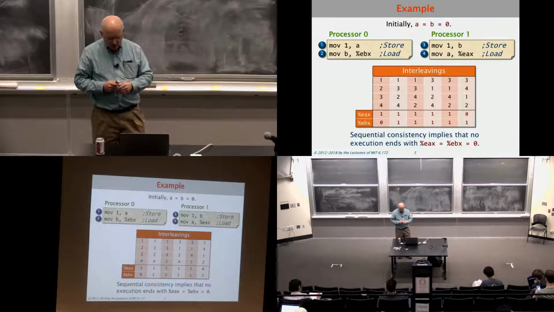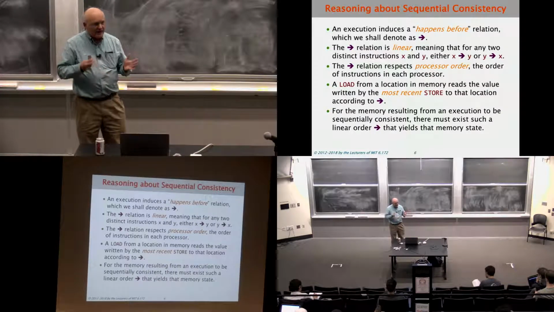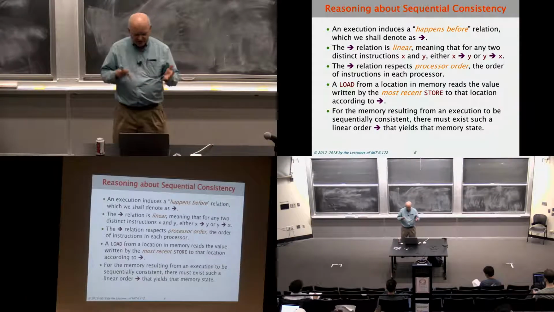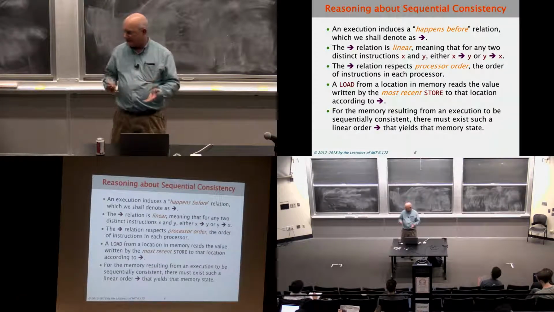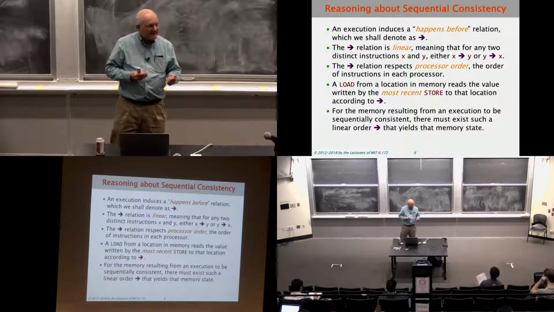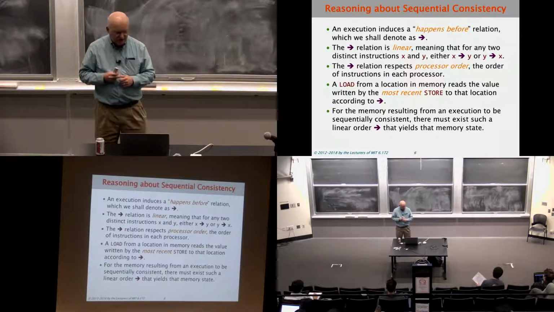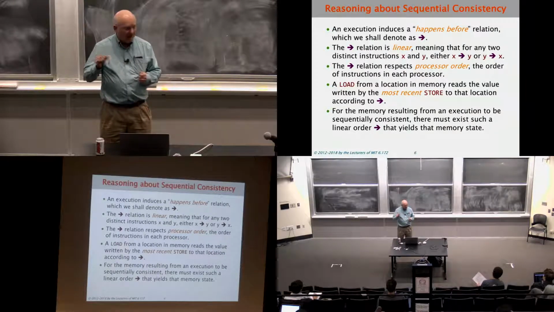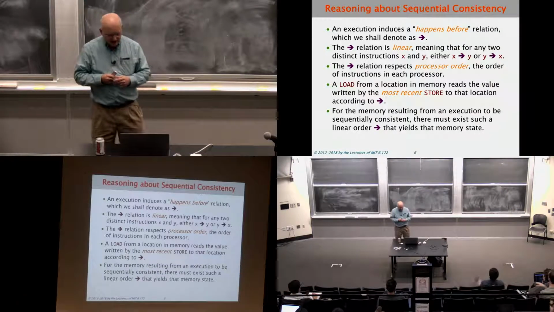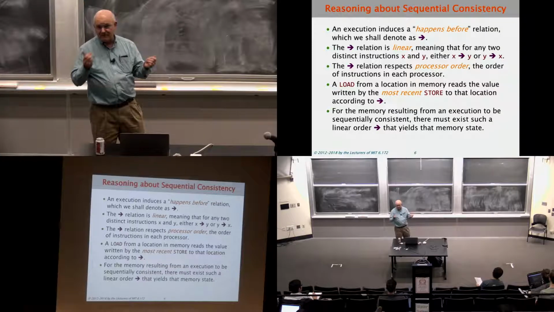So let's reason about sequential consistency. The way that you can formally reason about this, to make an argument as you might on a quiz, would be to understand that an execution induces a happens-before relationship that we will denote as a right arrow. The arrow relation is linear, meaning that for any two different instructions, either one happens before the other or the other happens before the one.